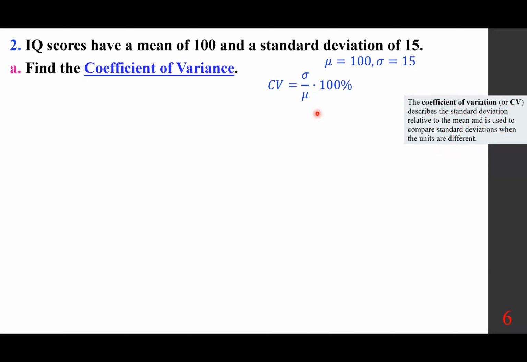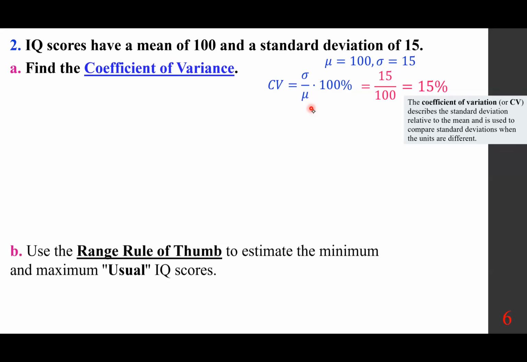And we change it to a percentage. So it's 15 over 100, which is 15%. This is the coefficient of variance, the variation of standard deviation compared to the mean.